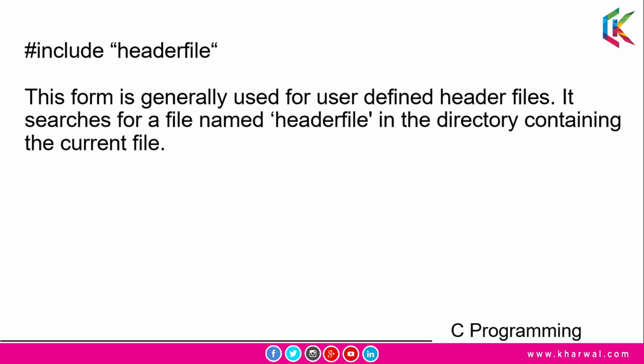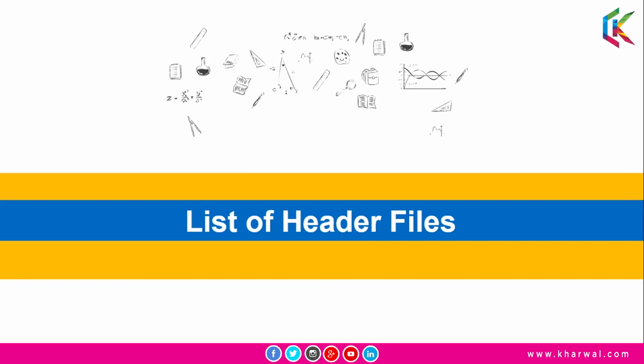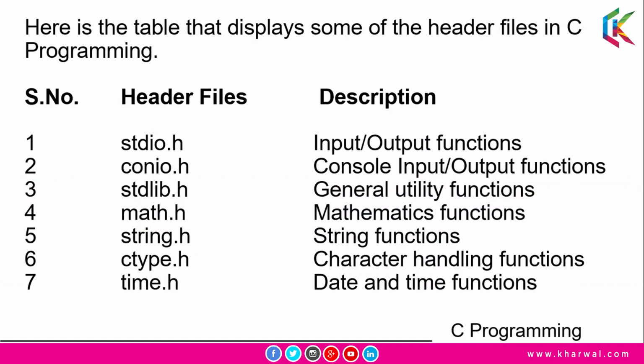Now guys, let's go ahead and we'll discuss the list of header files that we are going to use in C programming. This is the first header file, stdio.h, that is used for input output functions, and this is the second header file, conio.h, that is used for console input output functions, and stdlib.h is the header file for general utility functions.